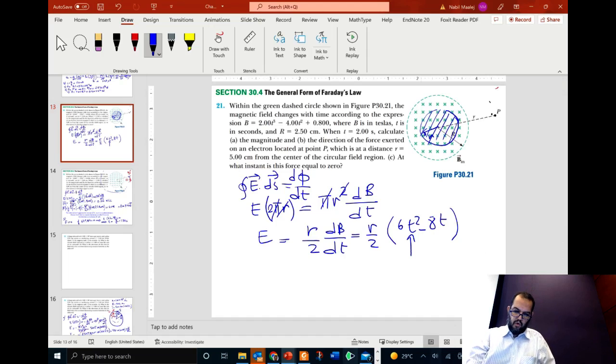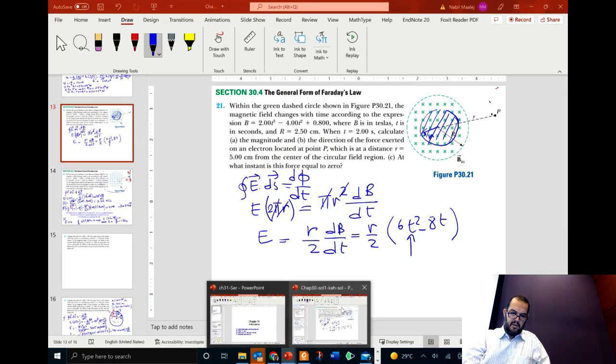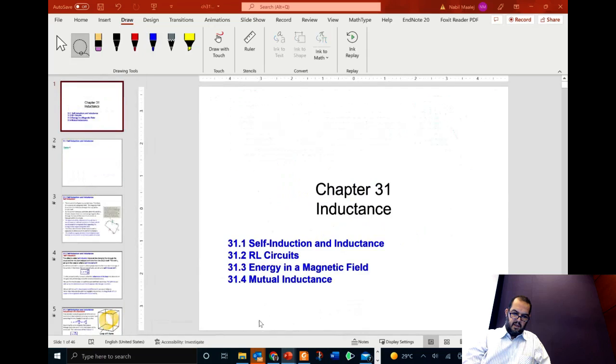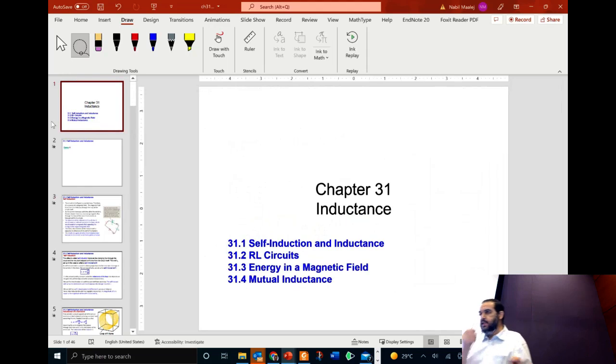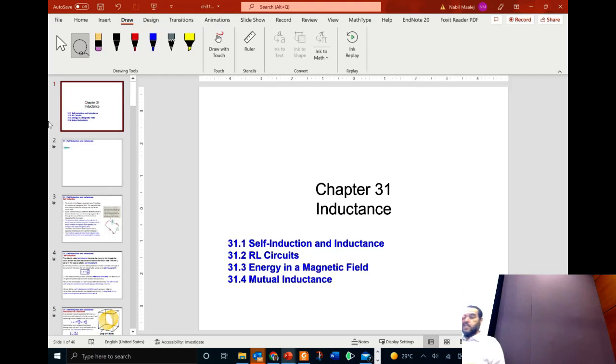Okay, so now we're ready to move to the next chapter, chapter 31. We're going to be speaking about inductance. For those who are in electrical or computer engineering, we spoke about resistance and capacitance. In this chapter we are going to speak about inductance.